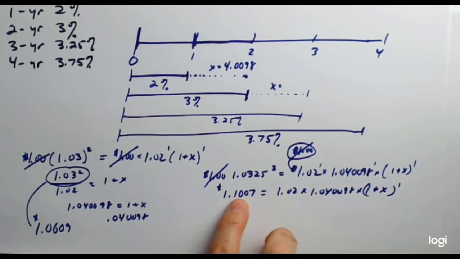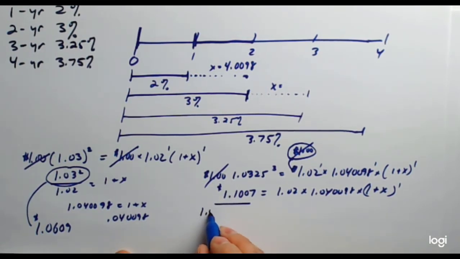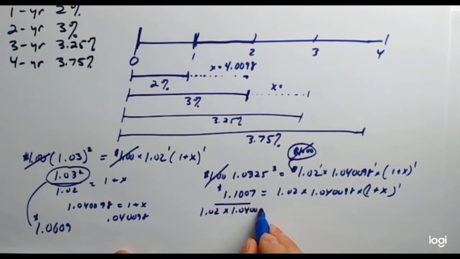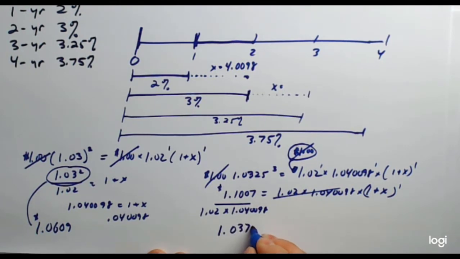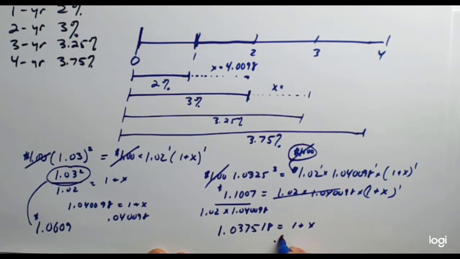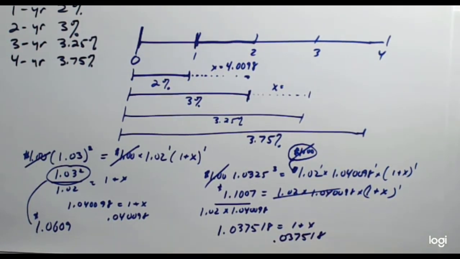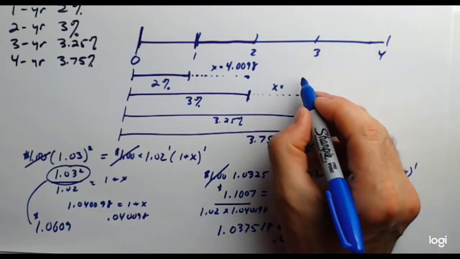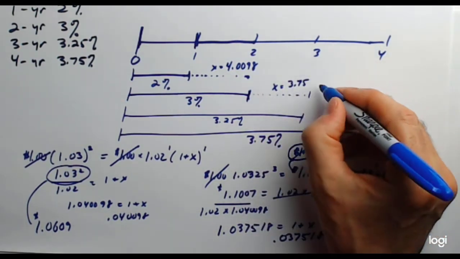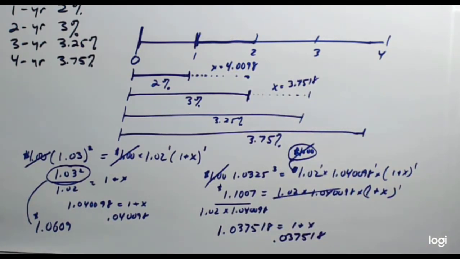We divide this $1.10 by 1.02 times 1.040098, and those cancel out on the other side. When we divide this, we get 1.037518 equals 1 plus X. So that interest rate is a little more than 3.75%. This is 3.7518, a little more than 3.75%.